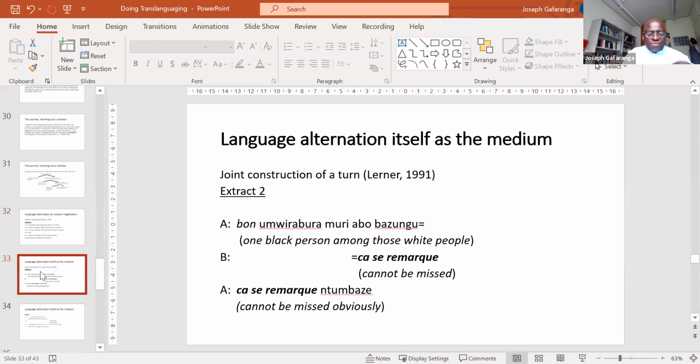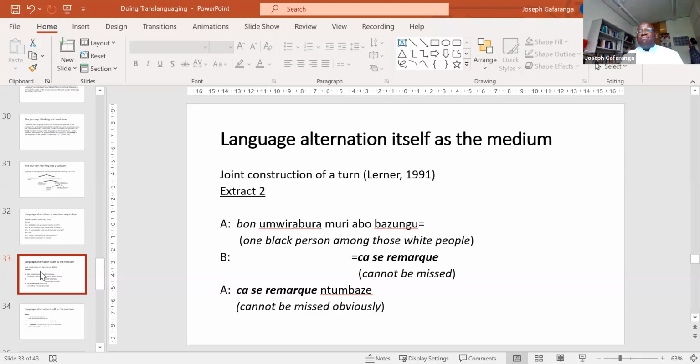The second example, in fact, we'll look at the second example and the third, are cases where you can indeed speak of translanguaging or free use, where people are choosing from one language, mixing languages freely. Now, again, this one illustrates a conversational structure Lerner has described as the joint construction of a turn. And the talk takes place among Rwandans in Belgium.